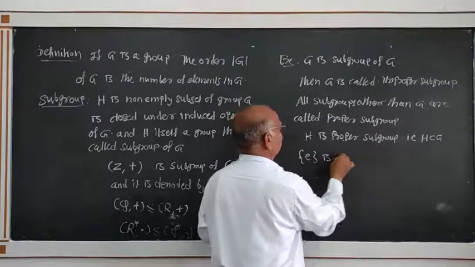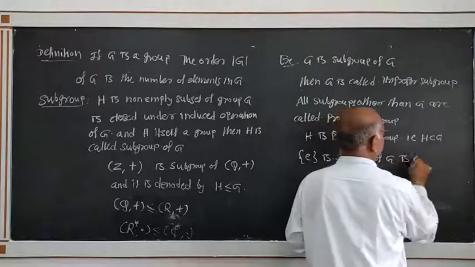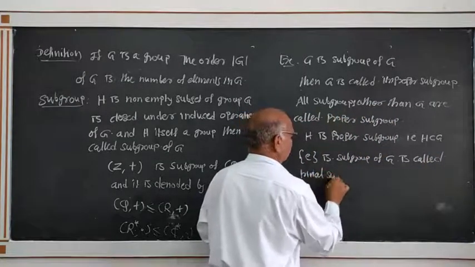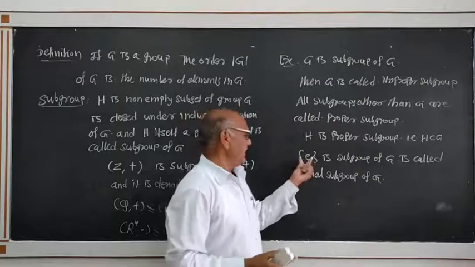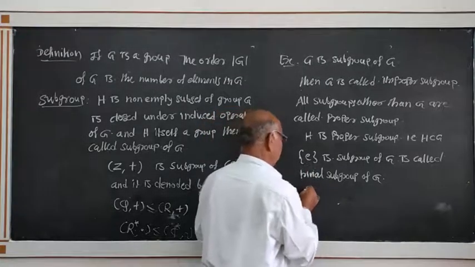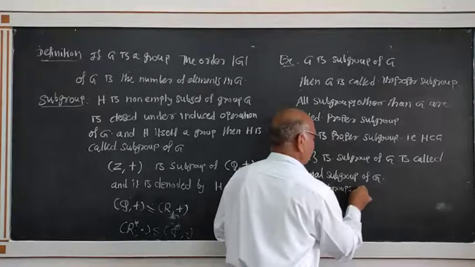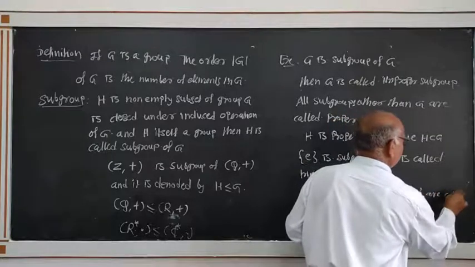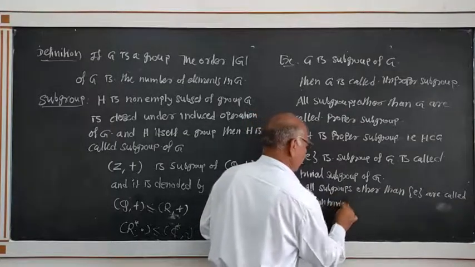The singleton E is a subgroup of G, and it is called the trivial subgroup of G. All subgroups other than the singleton E are called non-trivial subgroups.